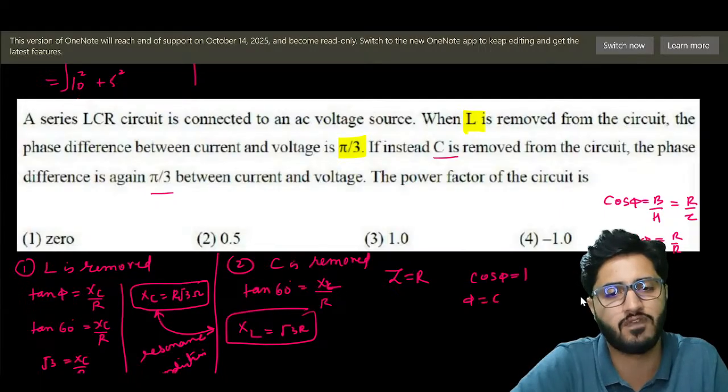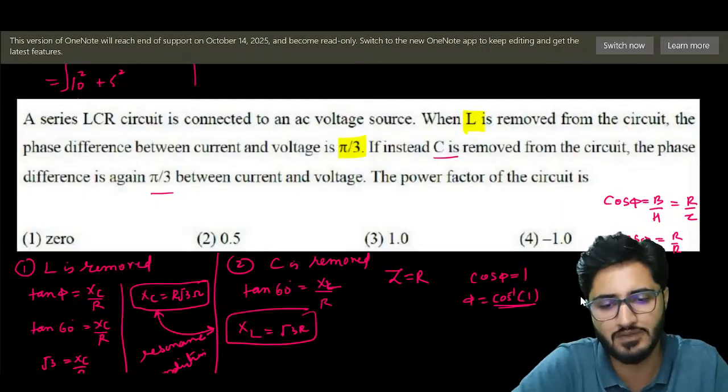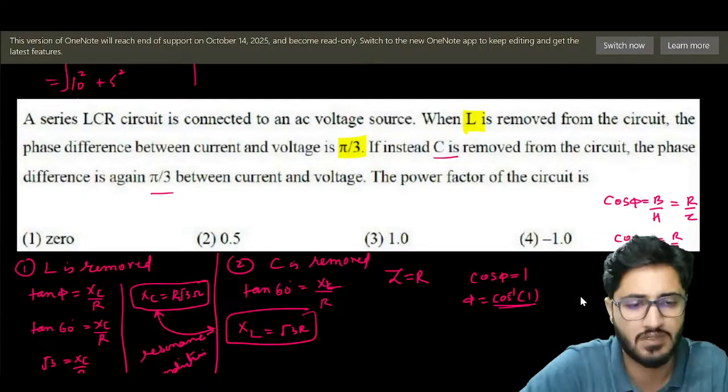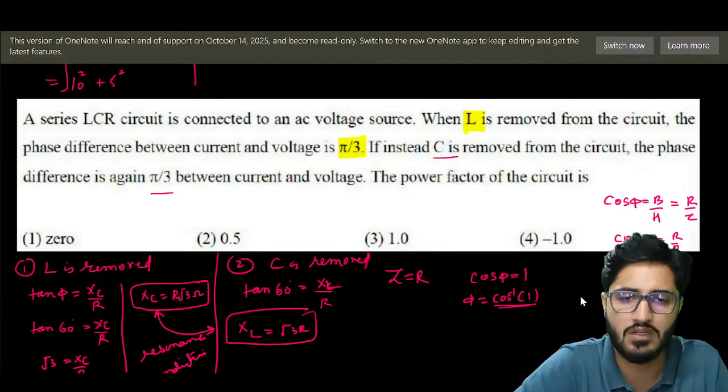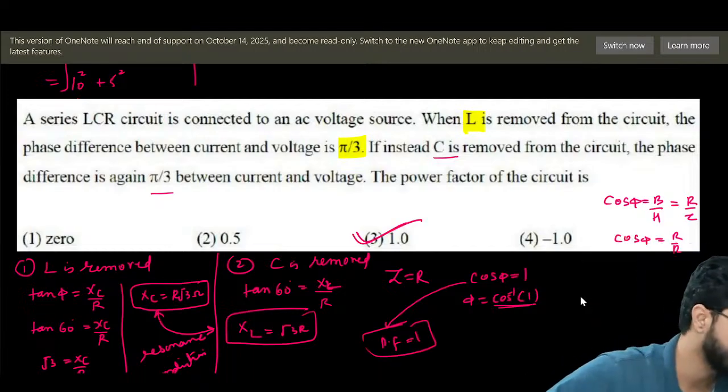So phi equals cos inverse 1, and when cos is 1, that is 0 degree. But I had to find out the power factor. Yes, power factor is 1 only. Option number 3, power factor is 1 only.